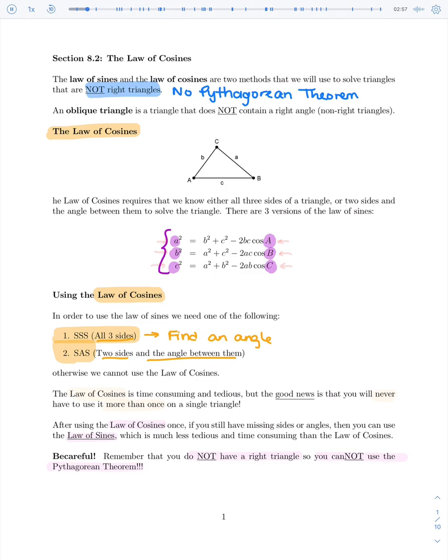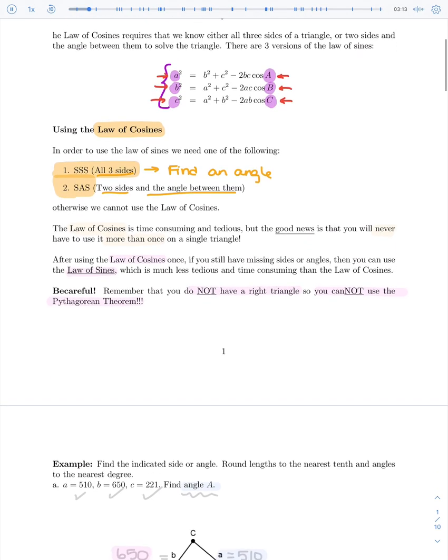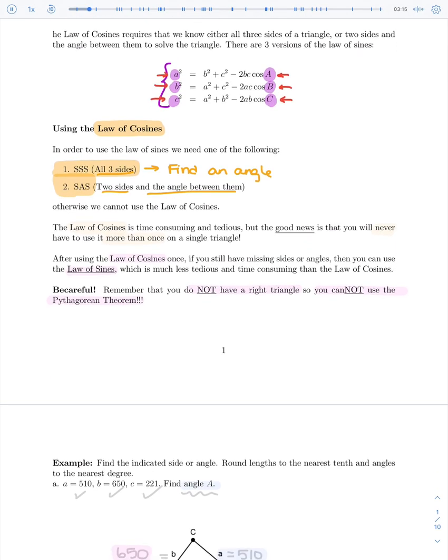So you can start out with any side you want, A, B, or C, but that's then going to match up on the other side with whatever angle you're going to be using in your law of cosines. And you need to pick your version of the formula accordingly.